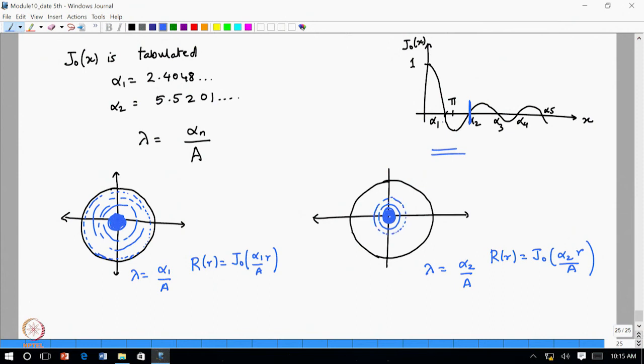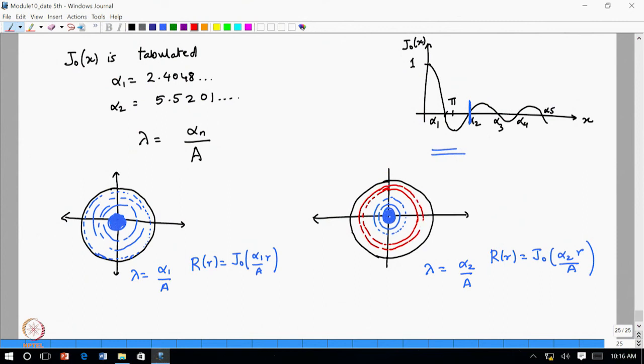Then it becomes less and less positive, and at some point it goes to 0, and after that it becomes negative. It actually increases in negative before it becomes 0 again.